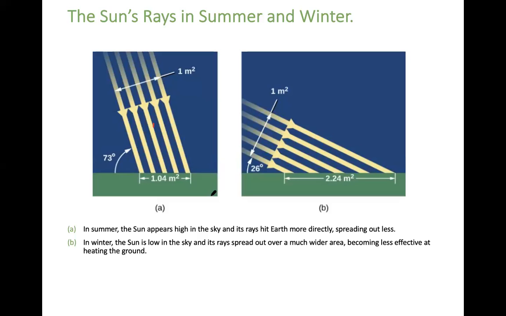The angle of sunlight relative to the ground is larger, which means you get more direct sunlight in the summer time, and sunlight doesn't spread out. So the surfaces get hotter at that time.